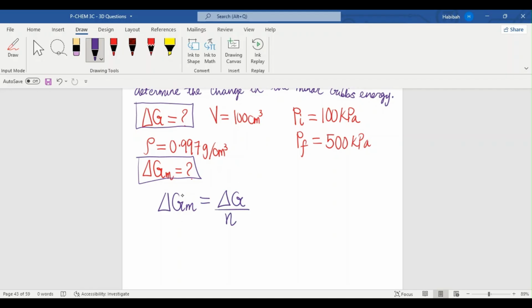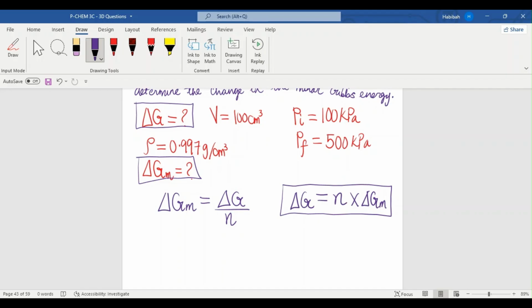So if you have the change in molar Gibbs energy, you can always find the change in Gibbs energy, and vice versa, provided you have the number of moles. Therefore, the change in Gibbs energy is the number of moles times the change in molar Gibbs energy. This equation is the relationship between the molar Gibbs energy and the Gibbs energy.